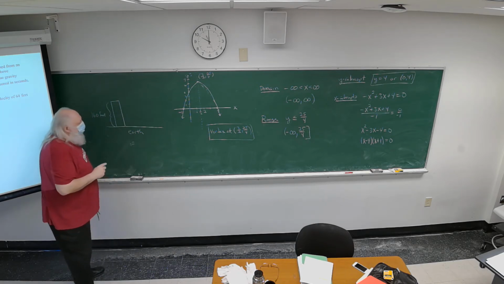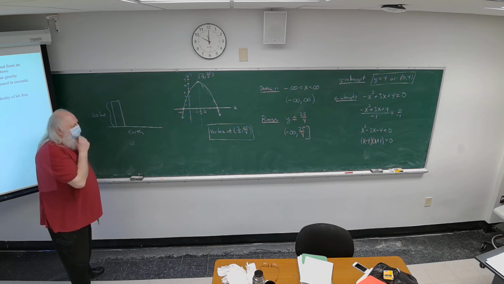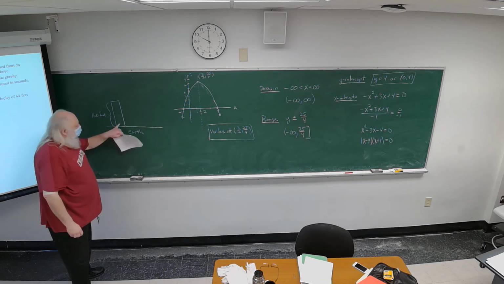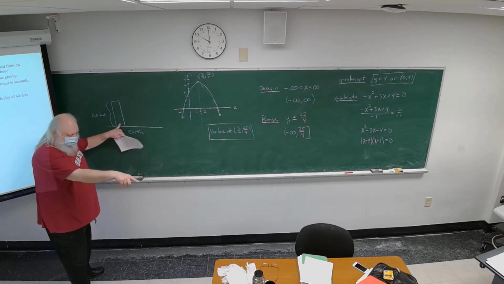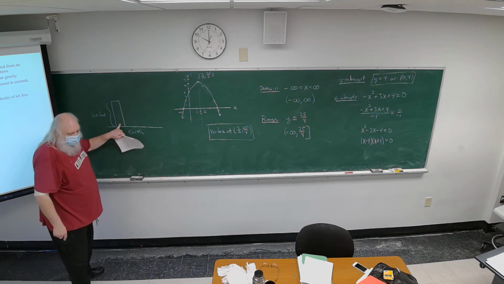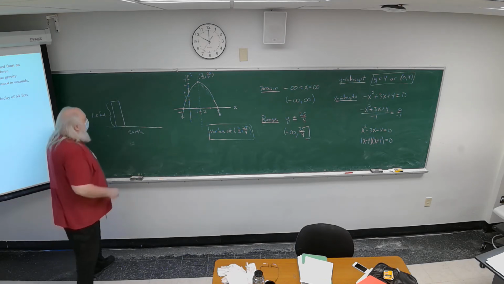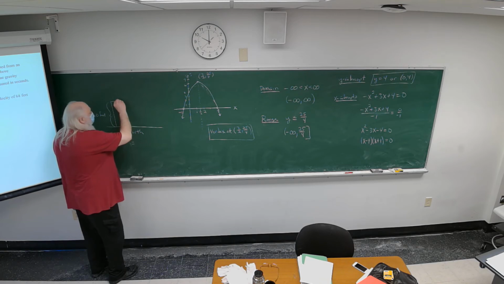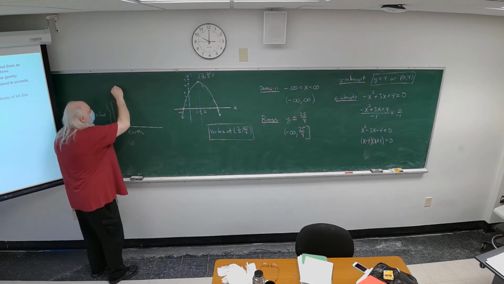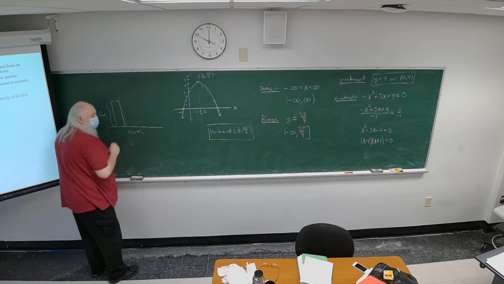Now, what's important to realize is that the quadratic function does not give you the flight path of the ball. The ball is thrown straight up in the air from the top of the building, and then it comes straight back down and hits the ground.